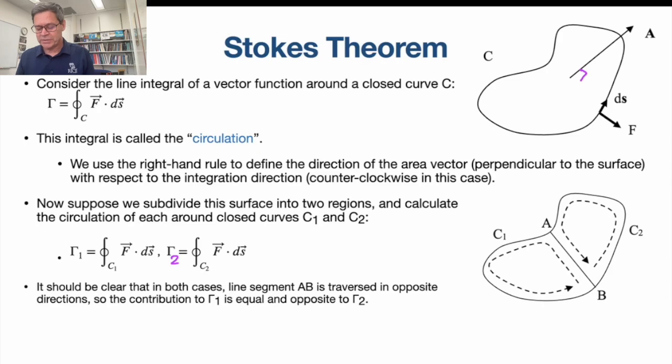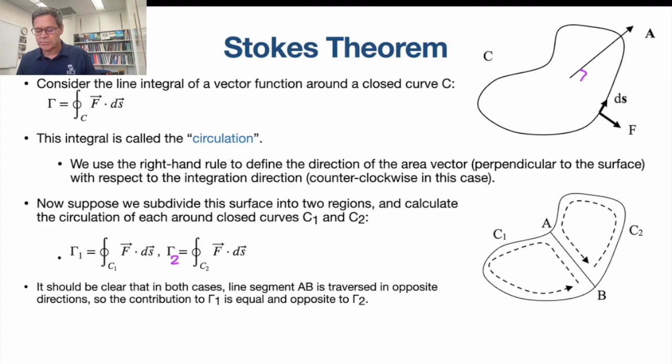And if we imagine our vector field F pointing down and to the right, for C2, if I integrate down and to the right in the same direction as F, that's going to be a positive contribution to the integral. But in the other case, along the same segment, going around for circulation C1, I'm going up and to the left because I'm still going counterclockwise. And so in that case, F and my integration direction are oppositely directed, and so it comes with a negative sign.